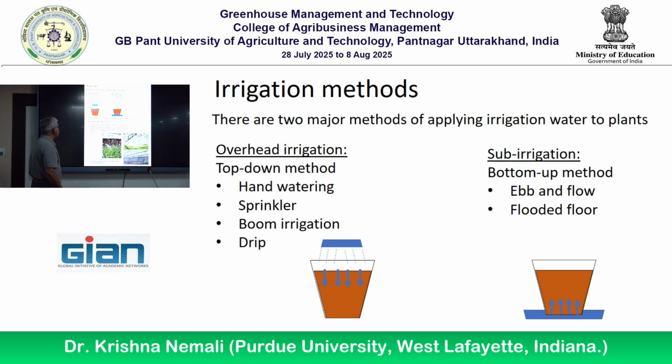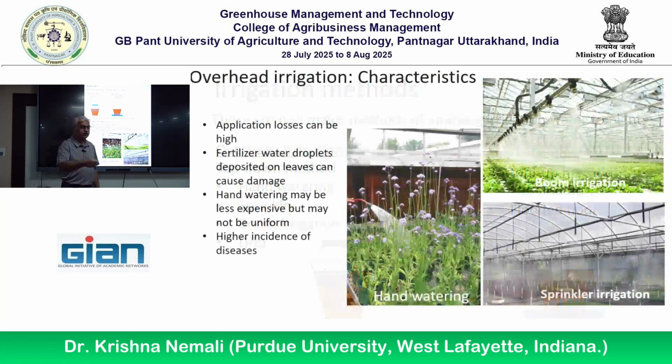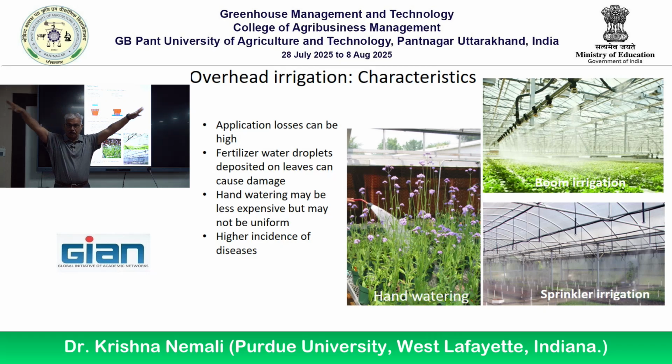I'm going to give you some examples of overhead irrigation. Hand watering, simple, right? You probably have a hose, or a shower, or a sprinkler. You just shower on top of the plants like that. That's hand watering. You have the sprinkler system that comes on and adds water.